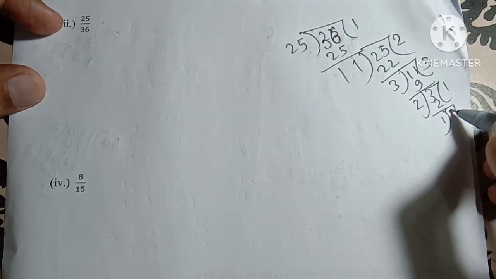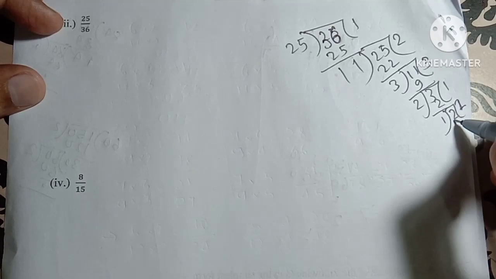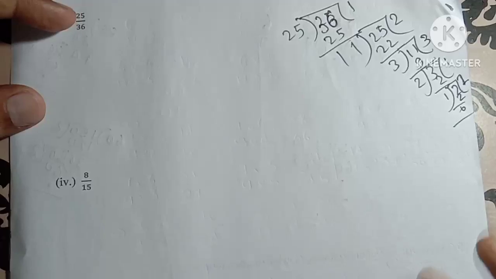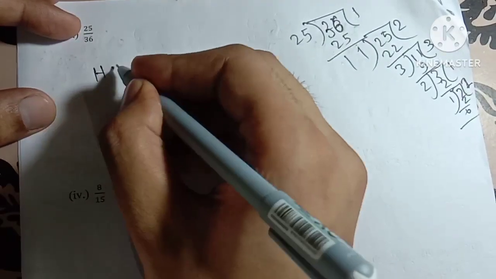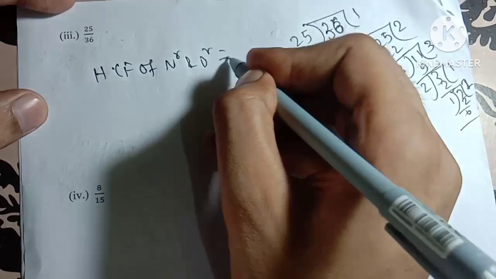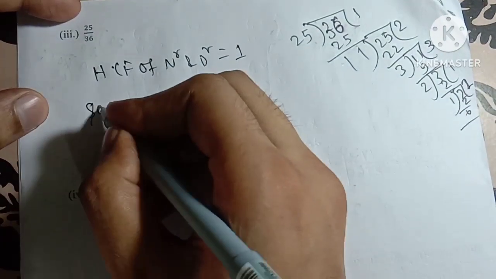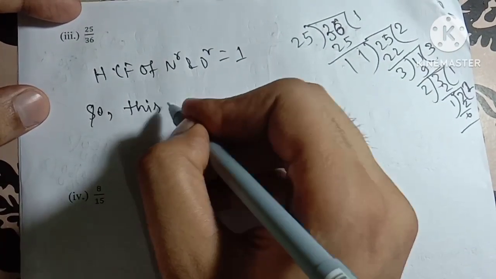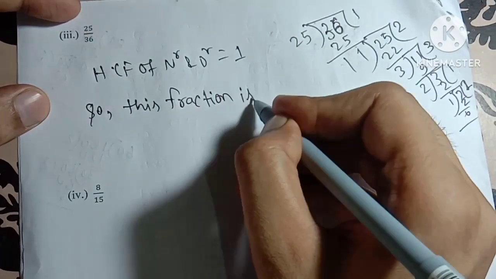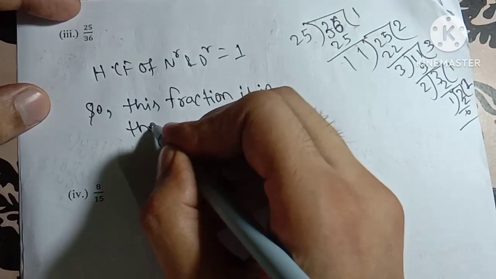Now 1 will divide 2, so 1 twos are 2, and so the last divisor is 1. So we conclude that the HCF of numerator and denominator is 1, so this fraction is in the simplest form.